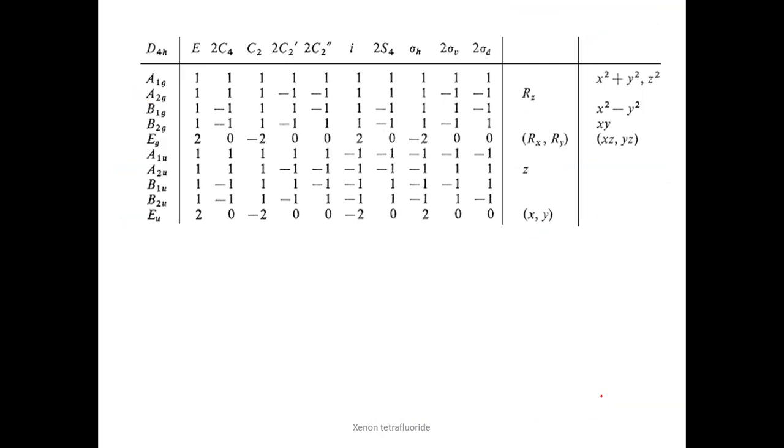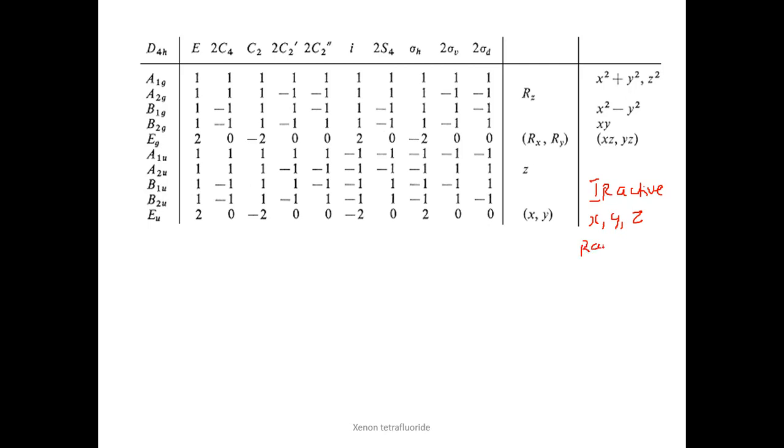Now the next thing is we are going to find out which of these vibration modes are IR active and which of these vibration modes are Raman active. IR active modes are represented by the Cartesian terms x, y, z.